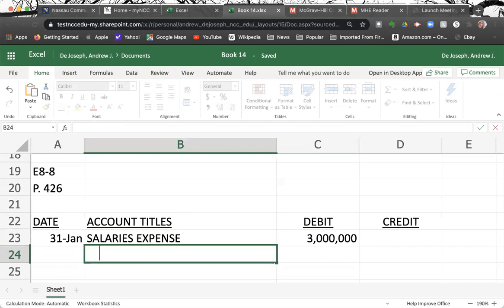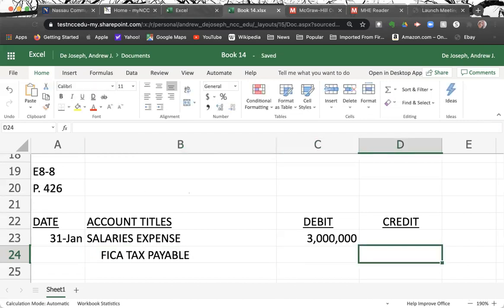Now I guess it doesn't matter the order that you do it. I would just do it in the order they give it to me. So the first thing they give you is Social Security tax. Oh wait, that's not the order they gave it to me, but I'll do it anyway now. $229,500.